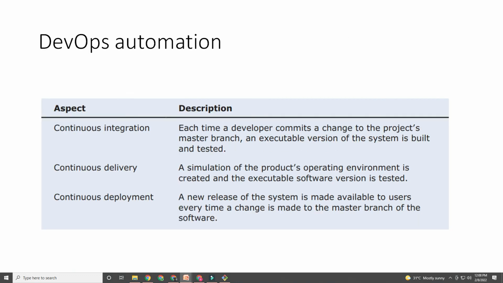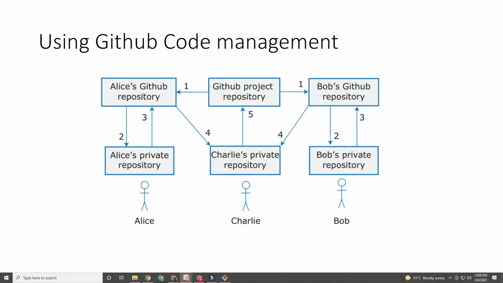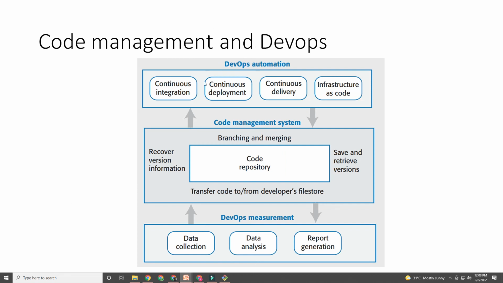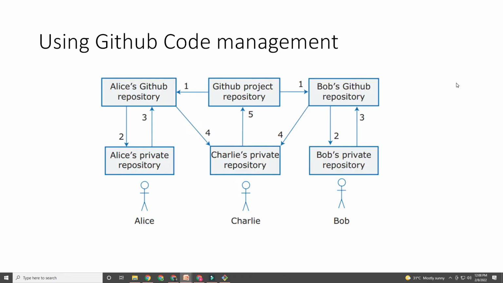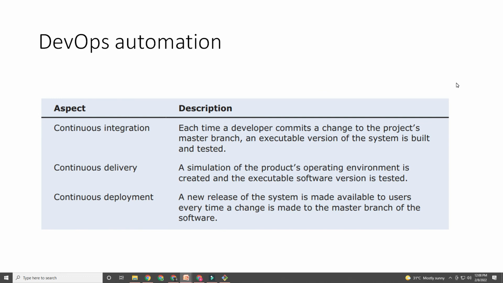Okay. So now the last one. You may be asking, sir, what is continuous integration, continuous deployment, continuous delivery? In continuous integration, each time a developer commits a change to the project master branch, an executable version of the system is built and tested.